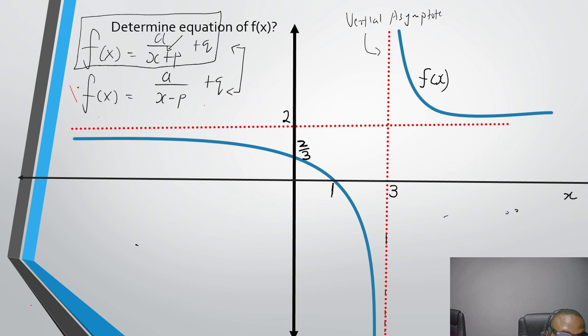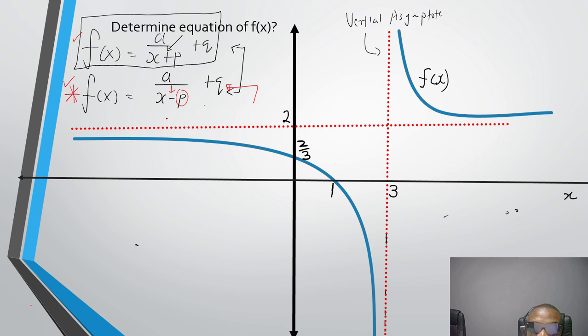Sometimes they give you this incomplete equation, whereby you have to find a, p, and q. Sometimes they give you this one, or this one, or they don't give you the equation at all. They just say find the equation of f of x. If they don't give you anything, use this one. But in this case, p will be exactly the x asymptote as it is on the graph. Don't even try to change the sign, as long as you have a negative here.